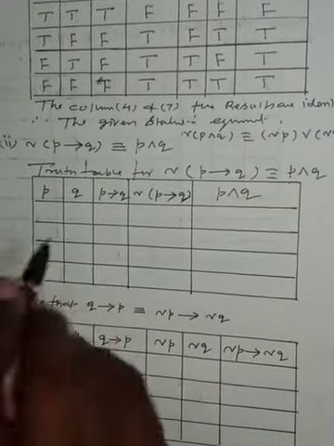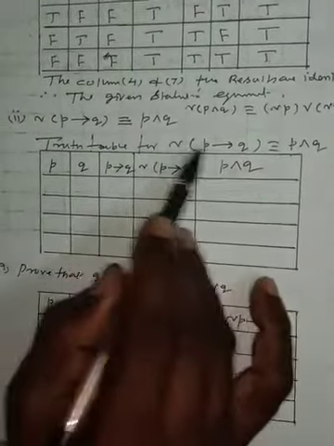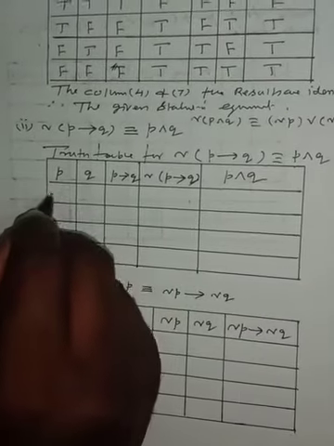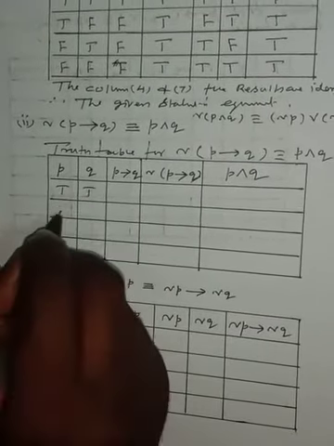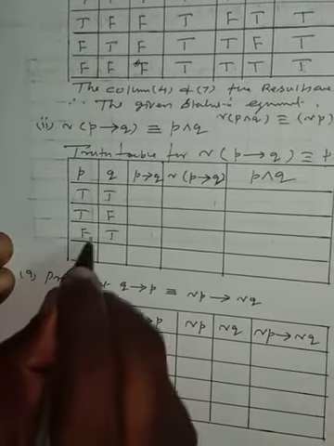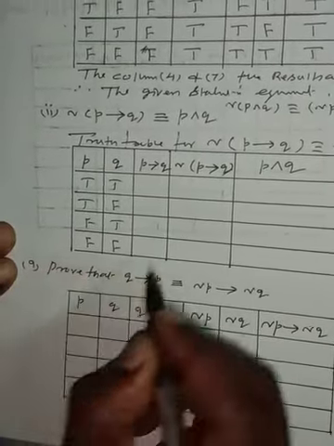There are two postulates, P and Q, therefore true true, true false, false true, false false.